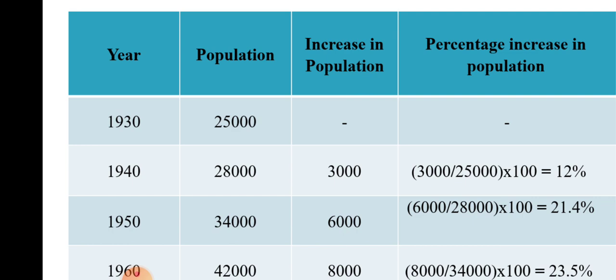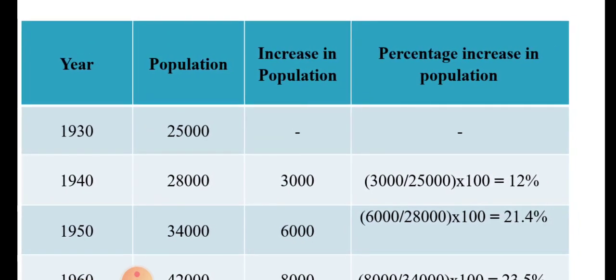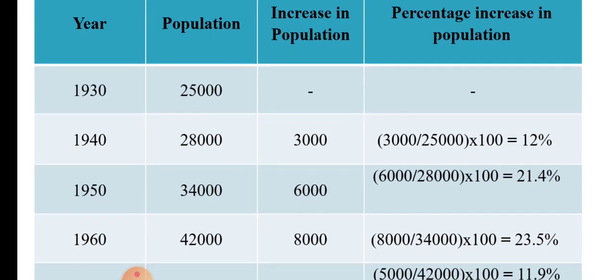We have to know the increase in population, that is 3,000, divided by where the population has risen from. In 1930 it was 25,000. So we compute the percentage increase based on the population in 1930. So 3,000 divided by 25,000 into 100 is the percentage increase in population for the decade from 1930 to 1940. So that is 12%.